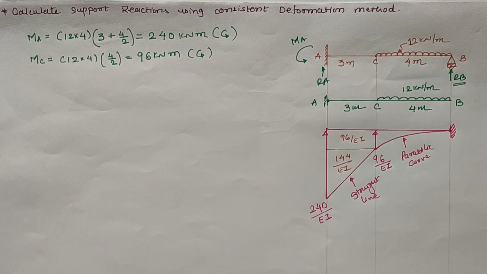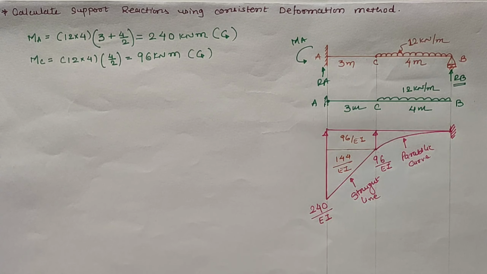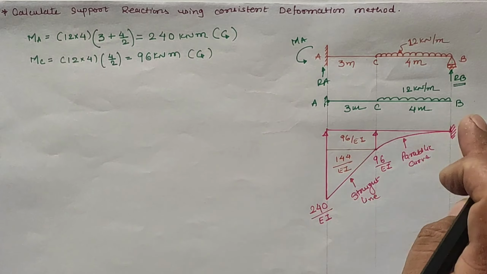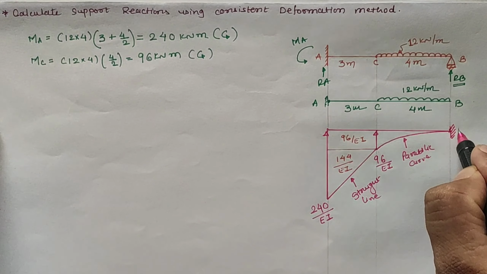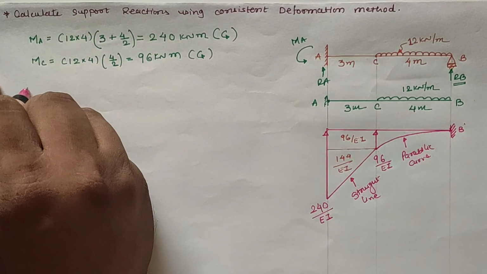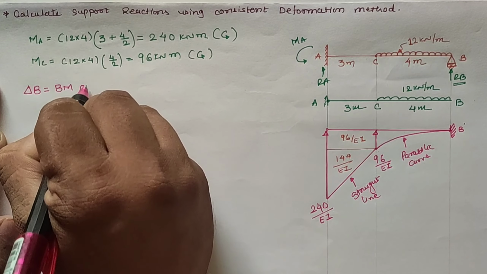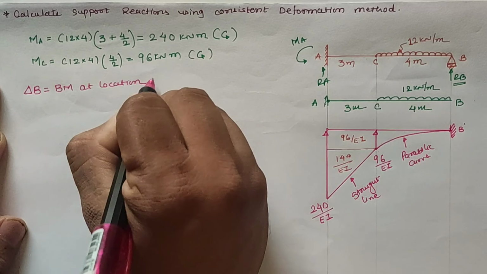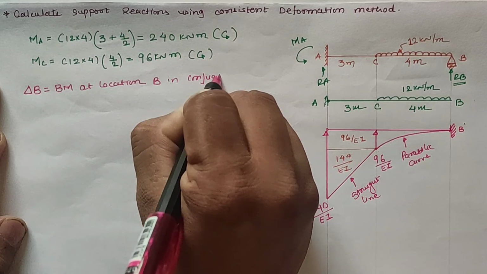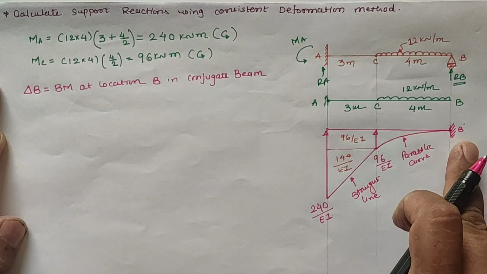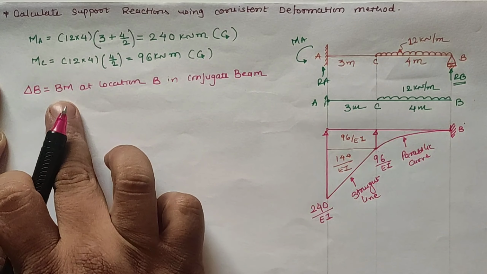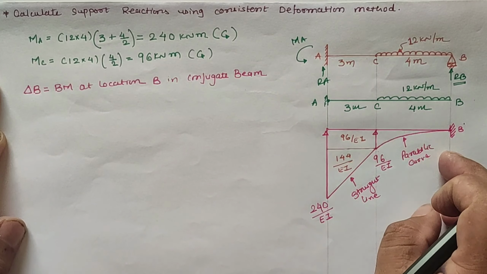Now according to the consistent deformation method we have to calculate the deflection at location B in the conjugate beam. So let us calculate the deflection at location B as delta B. The deflection at B can be calculated by the bending moment at location B in the conjugate beam.